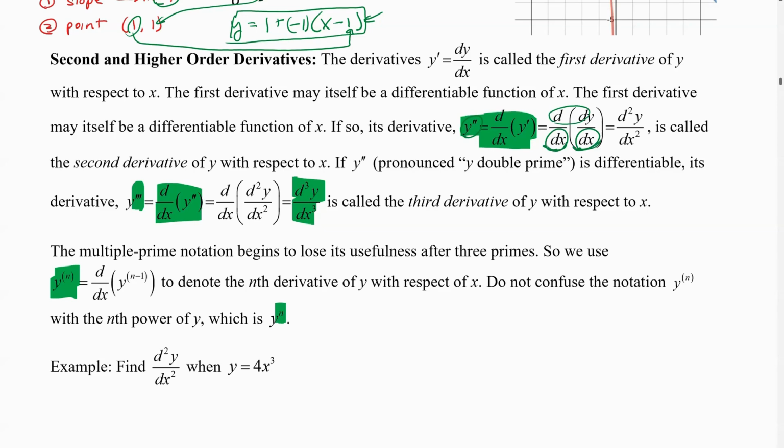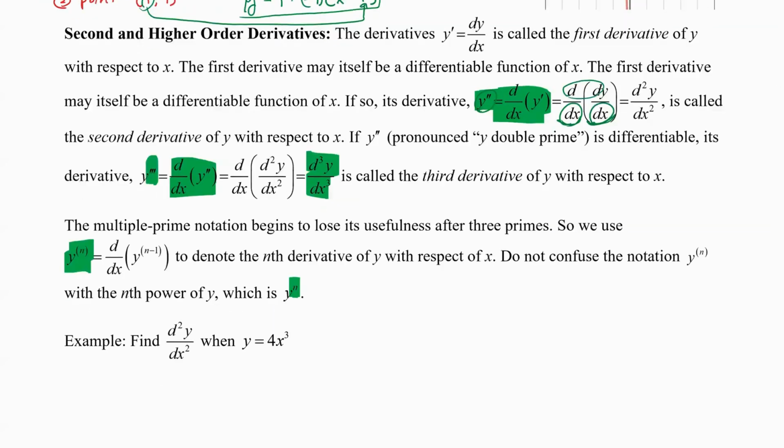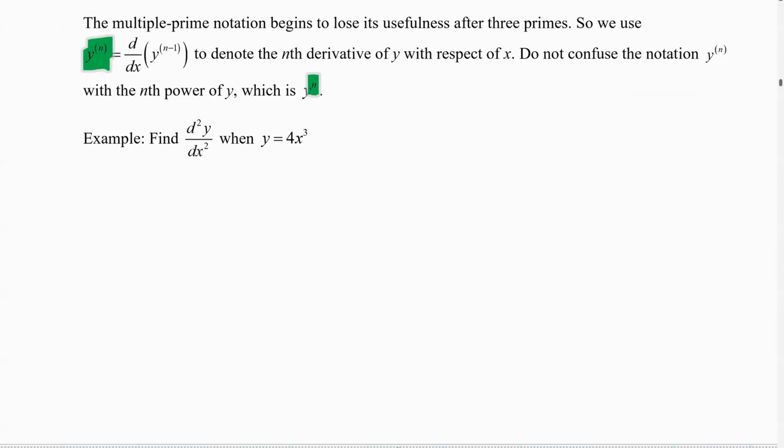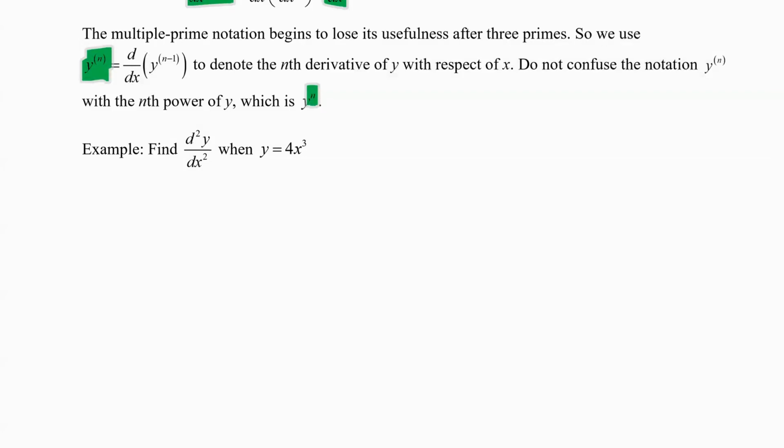All right, let's finish this off. Hey, let's find that second derivative of this expression. Take the derivative of y. Take the derivative of 4x cubed. I take the derivative of y, I get y prime.